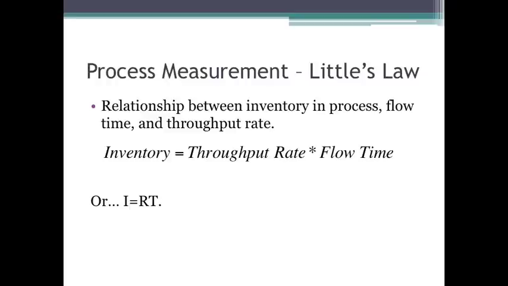So if we have an actual throughput rate that is half of the design throughput rate, well, that means that half the time this particular step isn't busy, isn't working. So you might have a case where half the time inventory is 1, half the time inventory is 0. It's not working on anything.